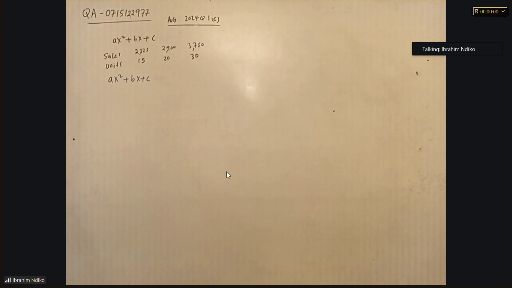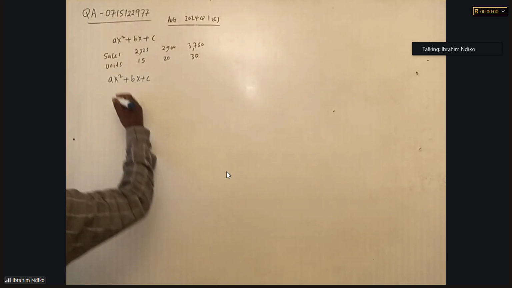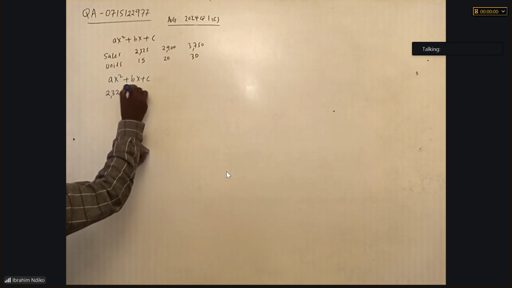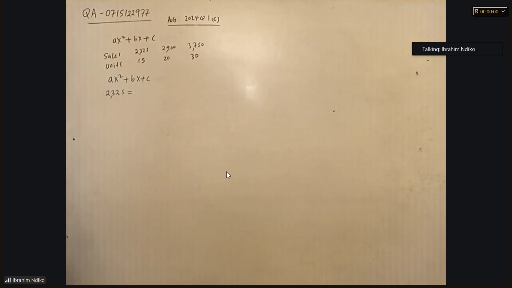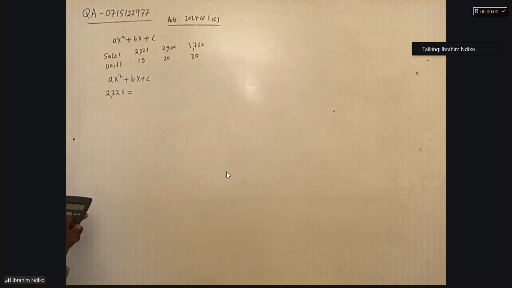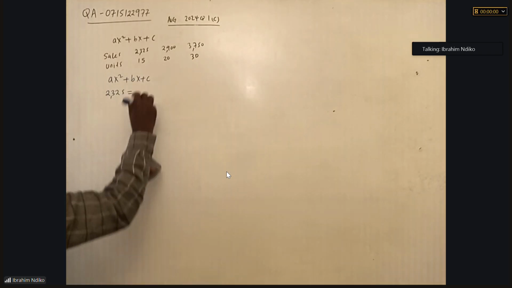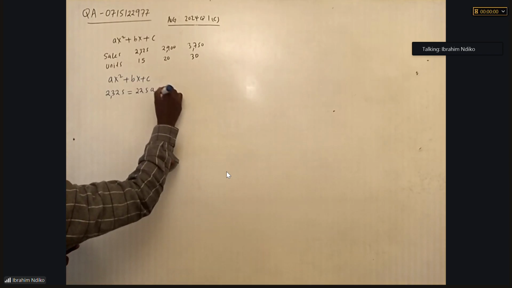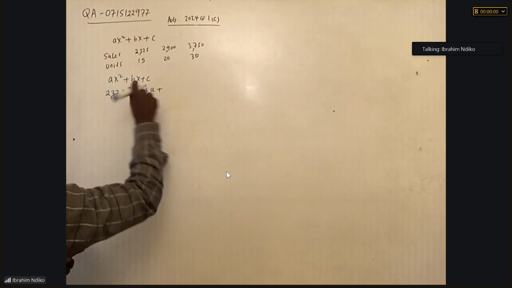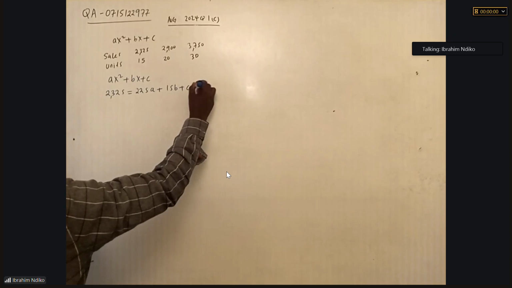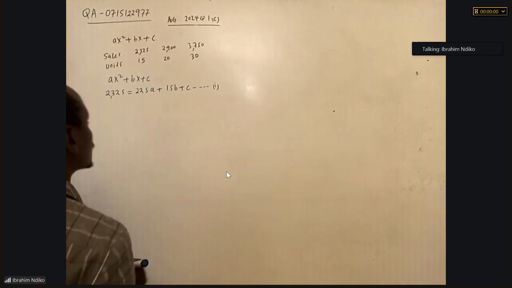So let's start with the first one. When the sales are 2325, we do not know A, but we know X is 15. So 15 squared is 225, so 225A plus 15B plus C. That becomes our first equation.